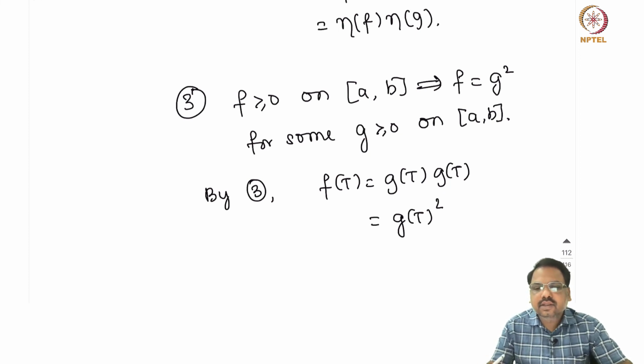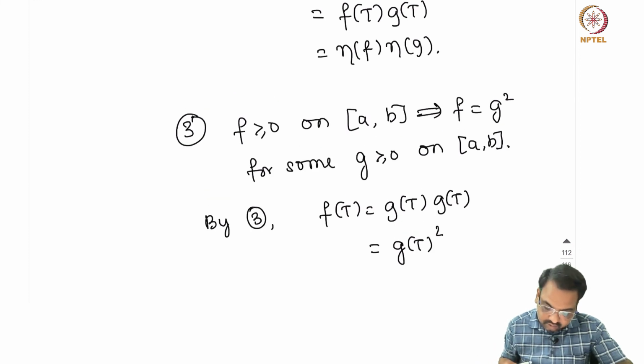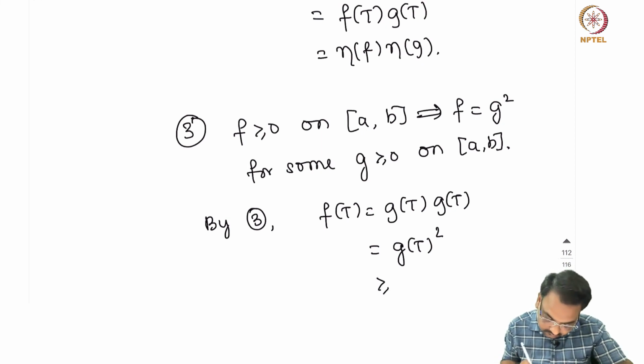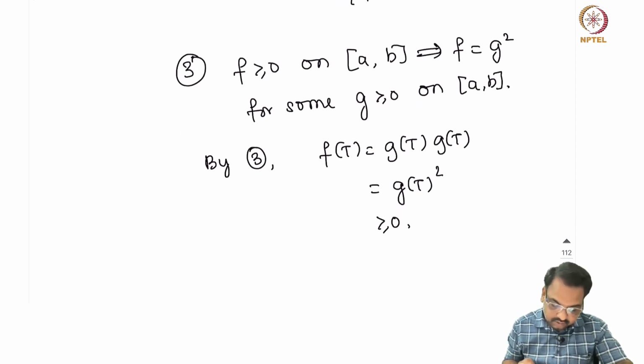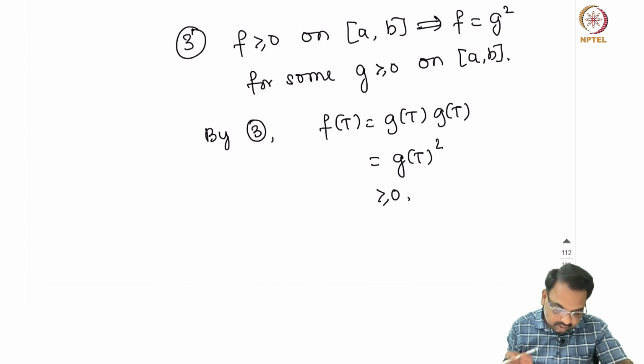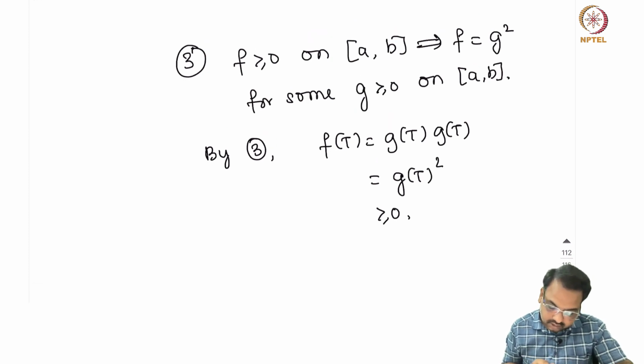In fact, when g is a polynomial, we know that g of t is positive whenever g is positive, but here we have already shown that g of t is self adjoint, and g of t square is always positive. That means whenever f is positive on the closed interval AB, we can conclude that f of t is always positive.